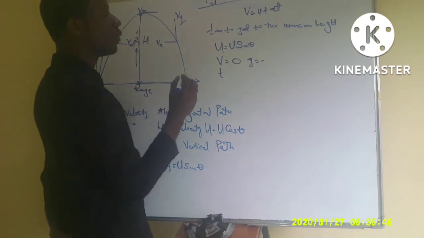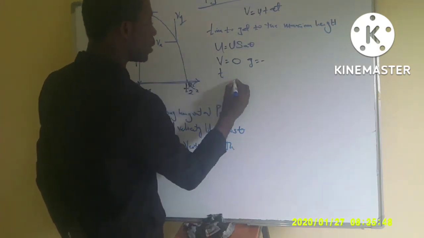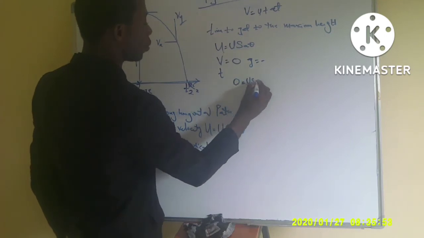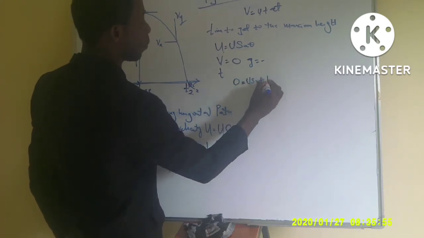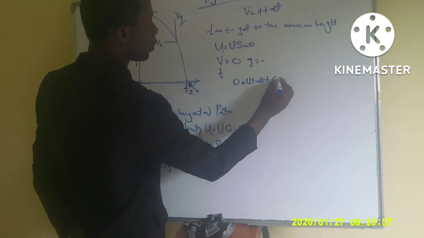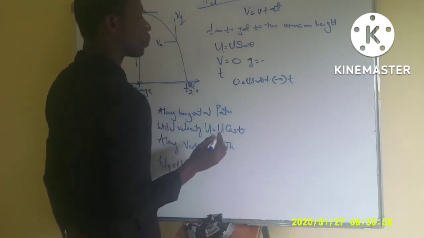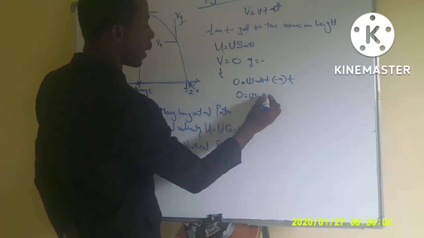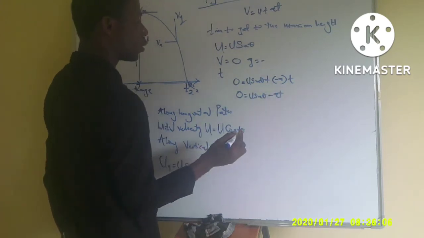Let's resolve it. We have 0 is equal to u sine theta plus, into bracket, minus a, then t. Now 0 is equal to u sine theta minus at.